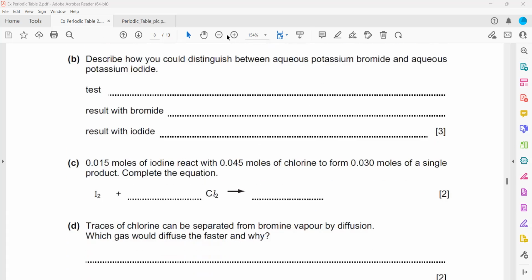Describe how you could distinguish between aqueous potassium bromide and aqueous potassium iodide. Like how can we test that we have a solution of potassium bromide and a solution of potassium iodide? How can we distinguish?